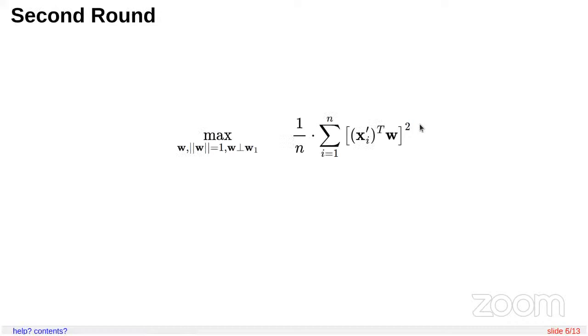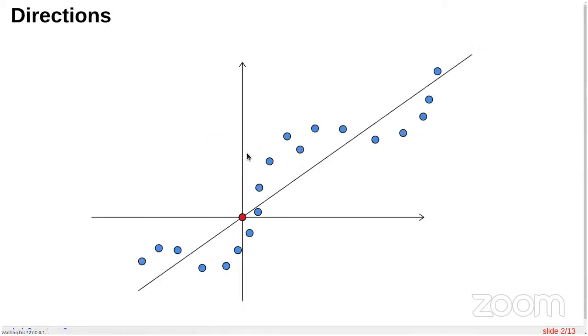So what we can do is for the second round, I'm going to go back to the same maximization procedure. I have to maximize xi transpose w, but this time for my residues, with the extra condition that I'll be looking for those directions which are perpendicular to my initial direction. If you go back to this image here, I have already found one direction w1.